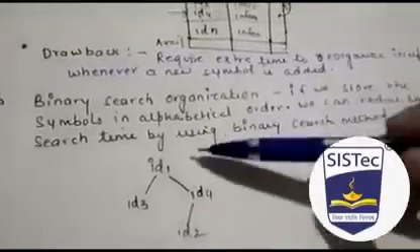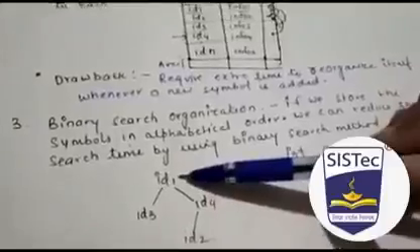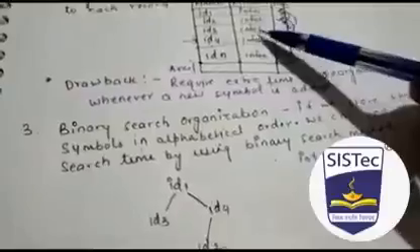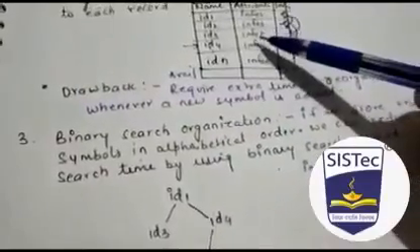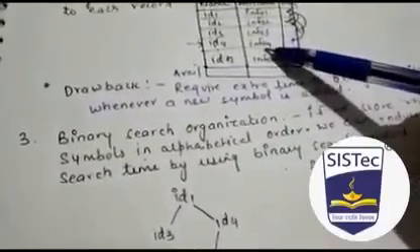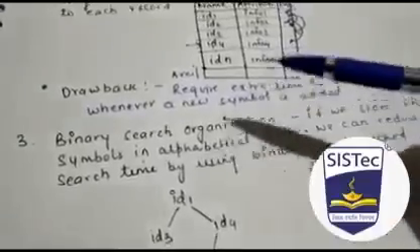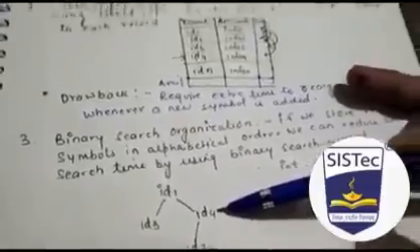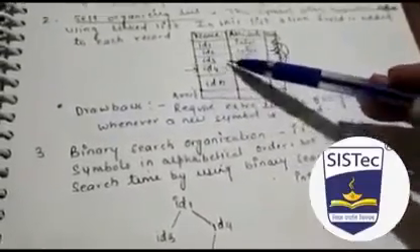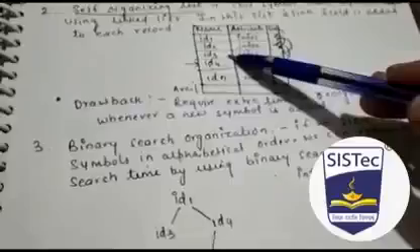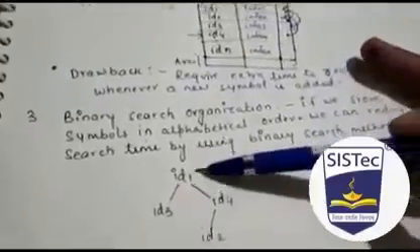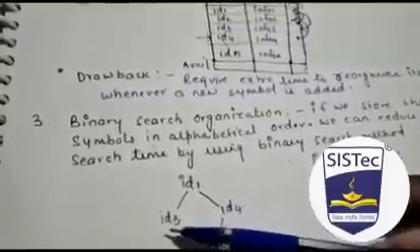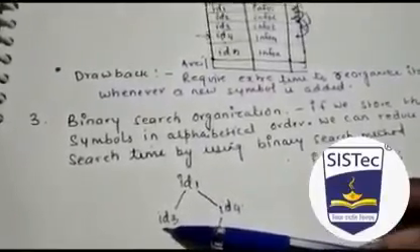So if we choose ID1 as a root, we can see from the above table the occurrence of ID4 is higher, so it will be placed on the right-hand side of ID1. Similarly, the occurrence of ID3 is less than ID1, so this will be placed on the left-hand side of ID1.